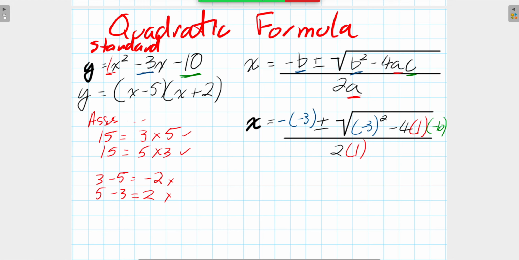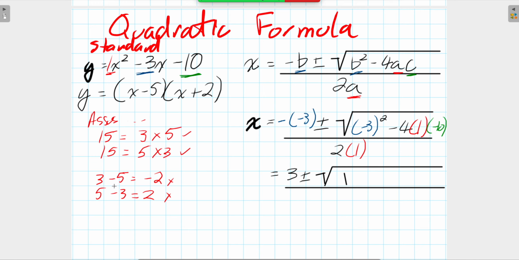In our next line, negative 1 times negative 3 gives us a positive value. We still have plus or minus because the square root of anything gives us 2 answers, both a positive and a negative value. Negative 3 squared gives us 9.